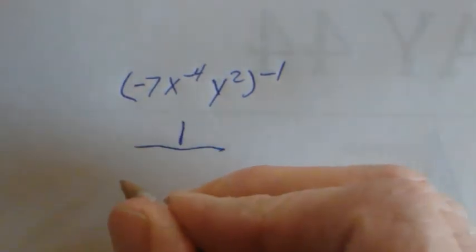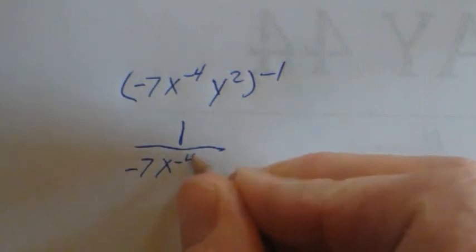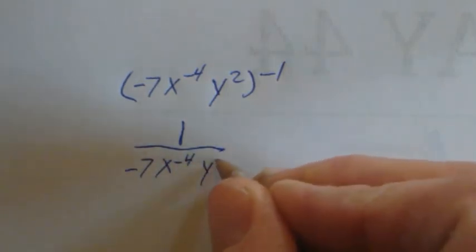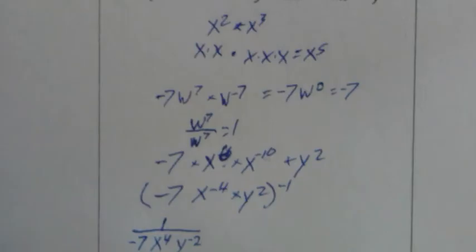So this could be written as everything on the bottom like that, right? That's one way you could do it, so that could be an answer, but maybe the answer isn't going to appear that way. Maybe we have to do something with this negative 1.